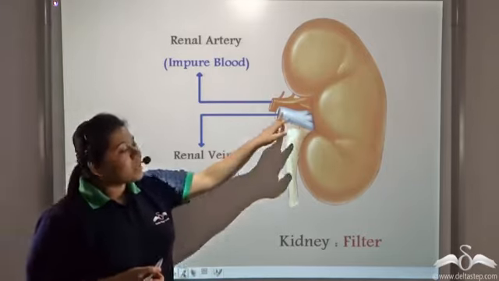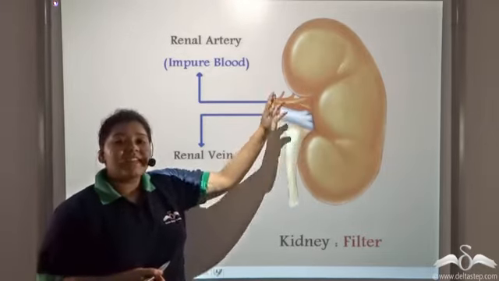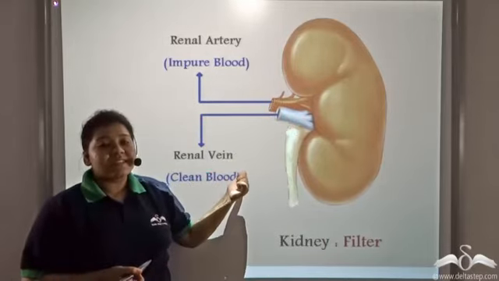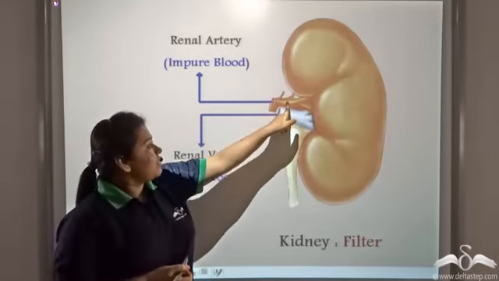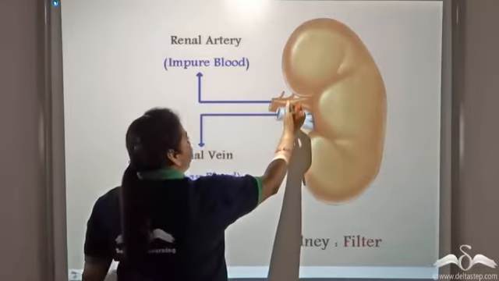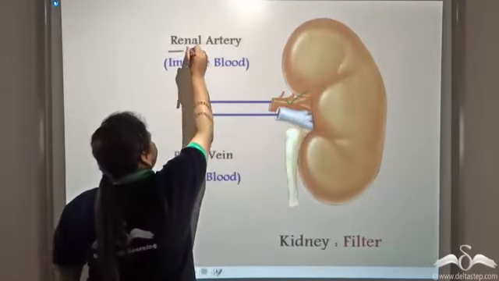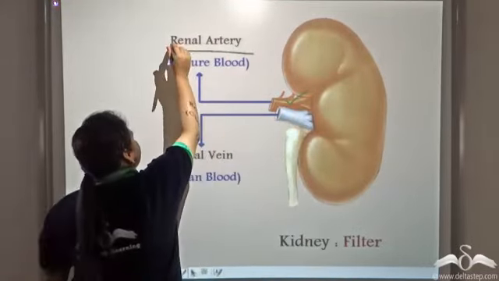Now there are two main blood vessels that are entering and leaving the kidney. This blood vessel is known as the renal artery. Renal means kidney.